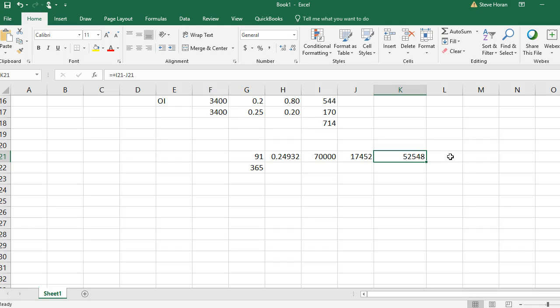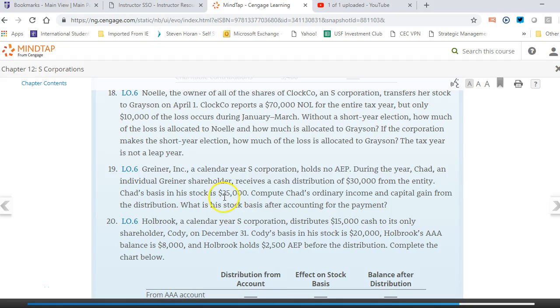With the short year election, it just becomes 10 versus 60. They mentioned specifically 10,000 happened during the first 3 months, and 60,000 happened after that. So if we do make the short year election, then Grayson gets 60,000 of that, and Noelle takes the rest.